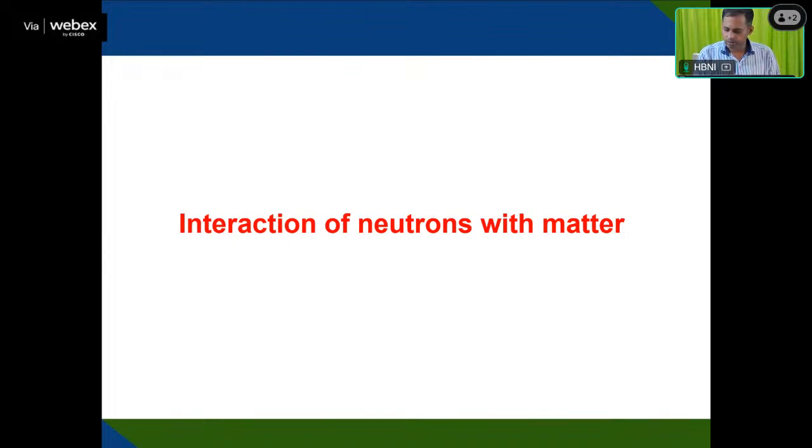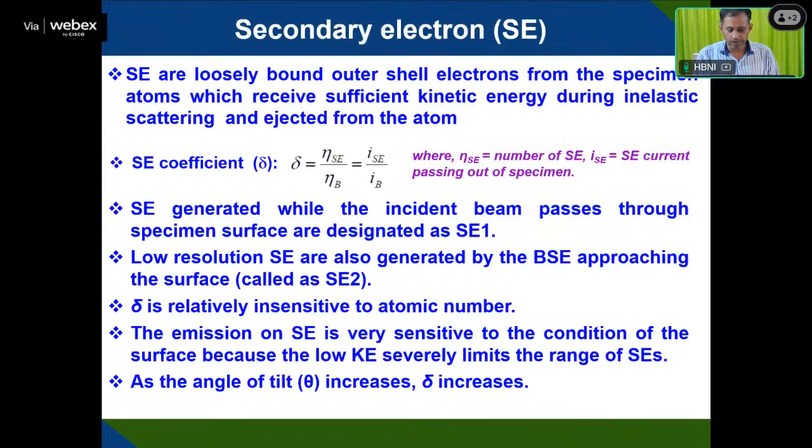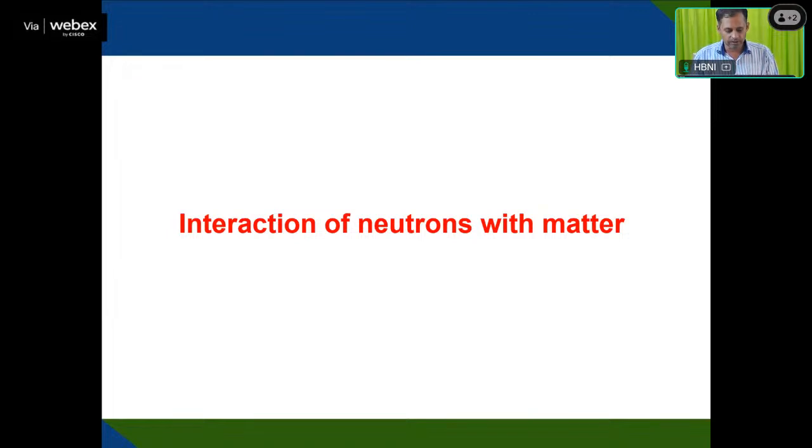There was a question in the chat box about why h nu was subtracted in the case of X-ray photoelectron. Whatever energy h nu we apply, falling on the material, is equivalent to the kinetic energy of the electron which comes out plus the binding energy.